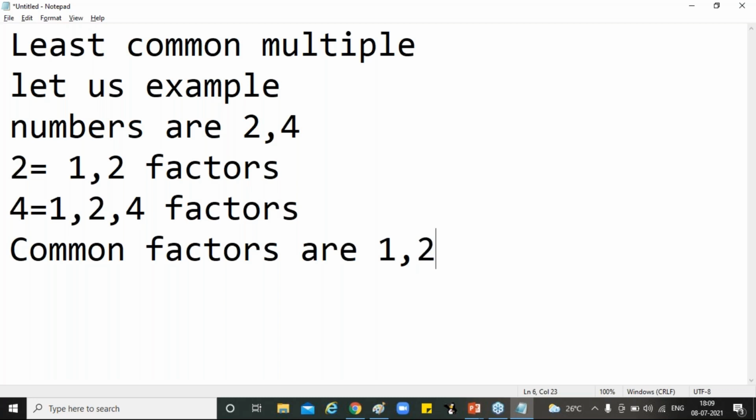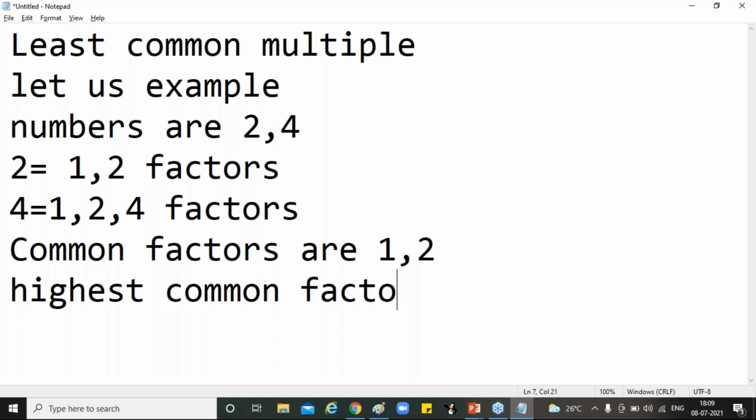Out of 1, 2, which one is the highest common factor? 2 is the highest common factor.